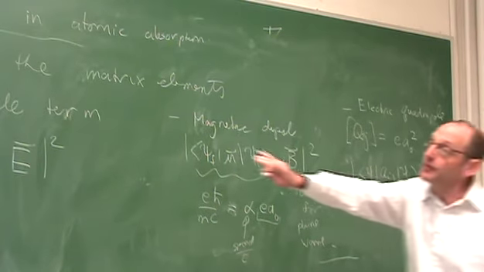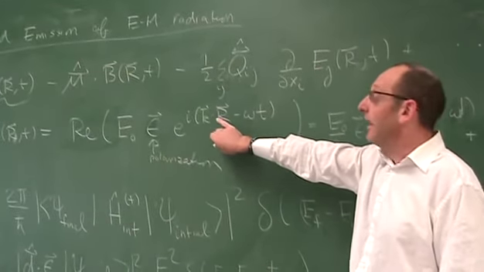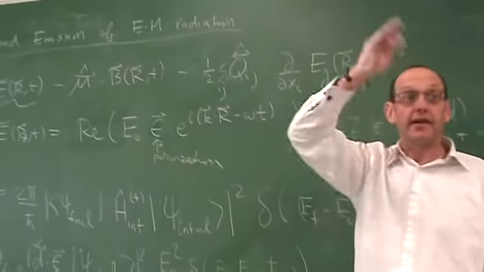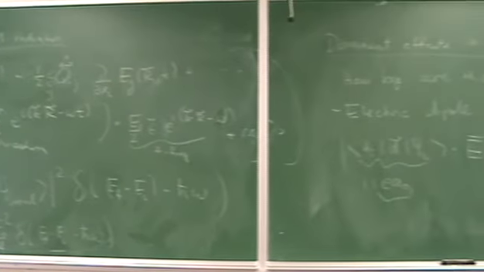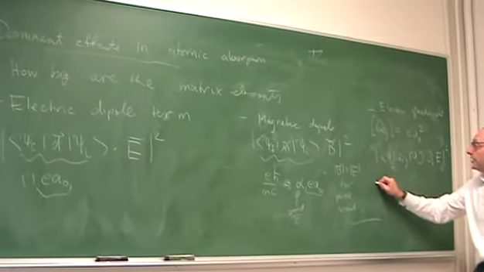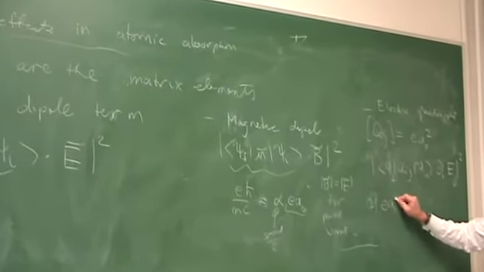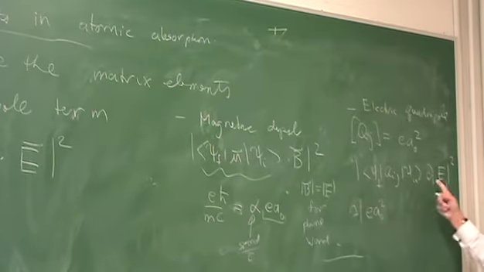If we're thinking about this as a plane wave, then the derivative is basically the wavelength, the scale over which the electric field is changing in an electromagnetic wave. So the quadrupole moment will be on the order of that.